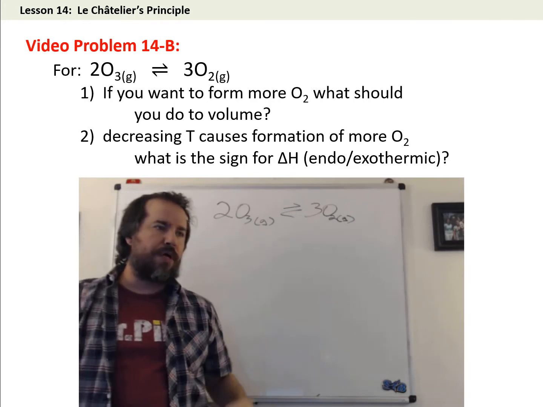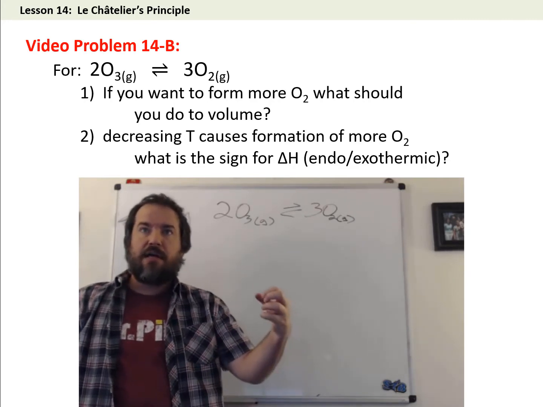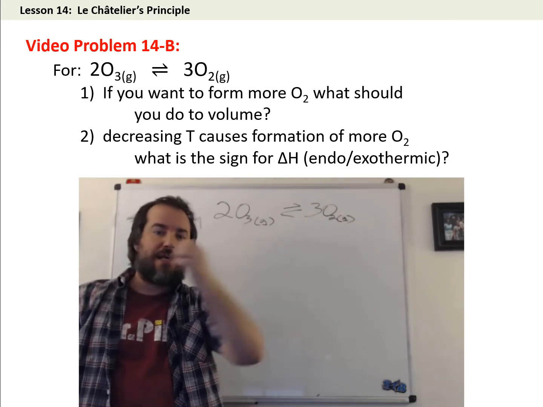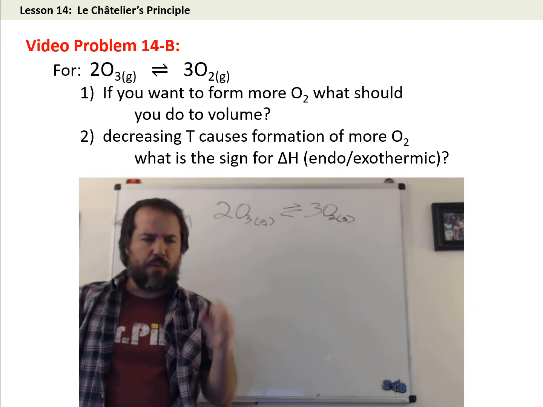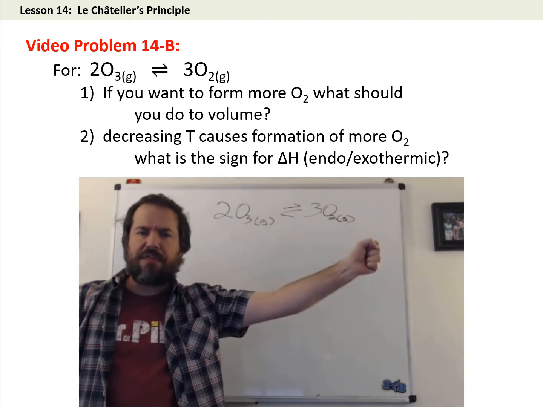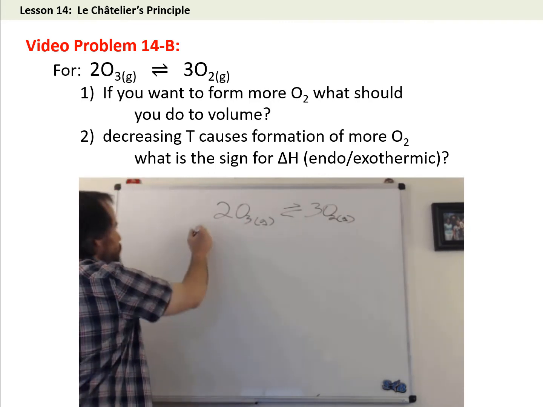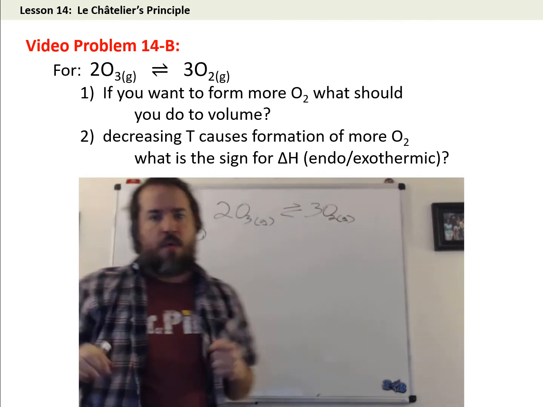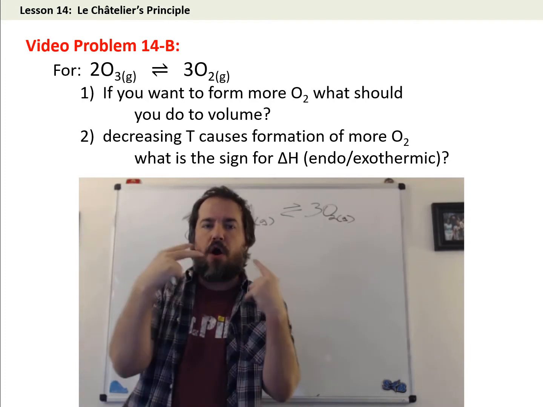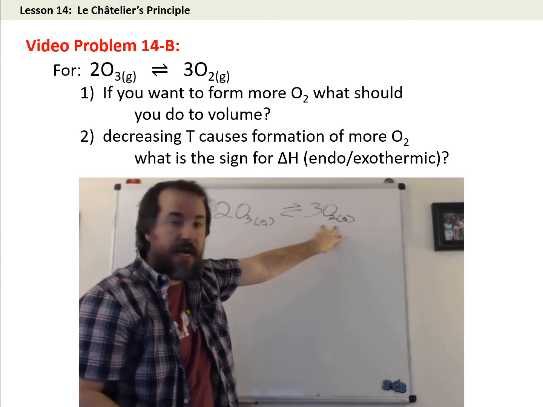The last one we were saying, hey, we do this, and what do we get from it? This one, we're trying to figure out, hey, we want this effect, how are we going to do it? Okay, so in number 1, if you want to form more O2, so we want more product.